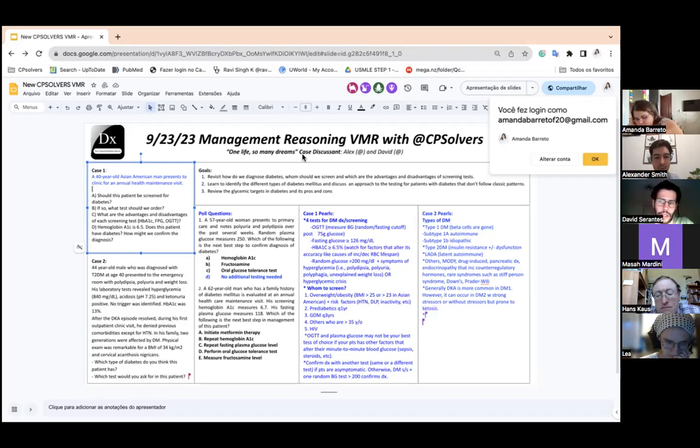In this case, the presence of obesity and the family history could be confusing, but other features such as the acanthosis nigricans that points toward insulin resistance don't go too well with MODY or monogenic diabetes.